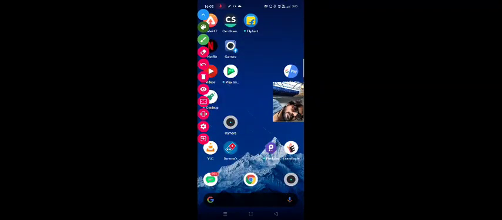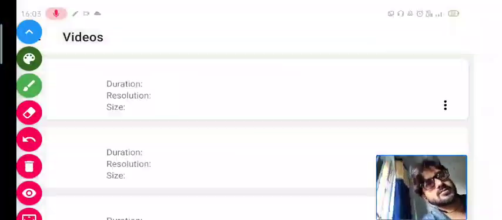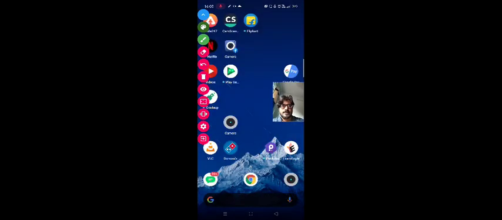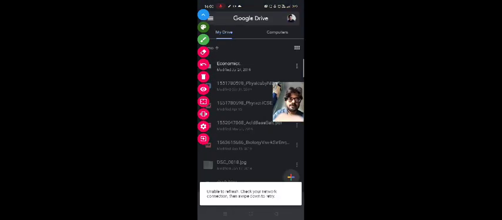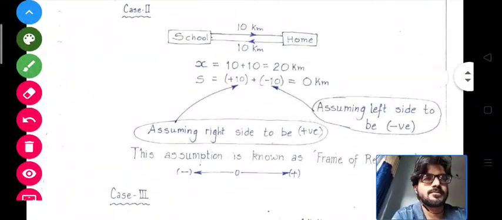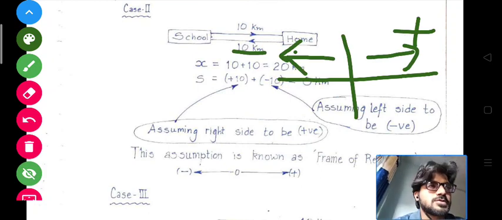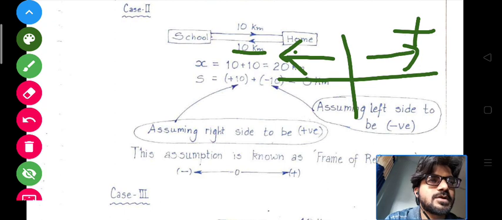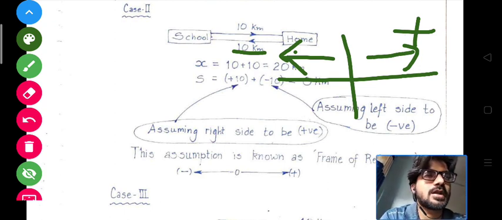So the positive direction for displacement is 10 km forward and the negative direction is 10 km backward.